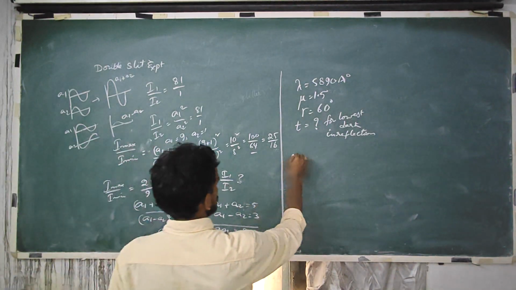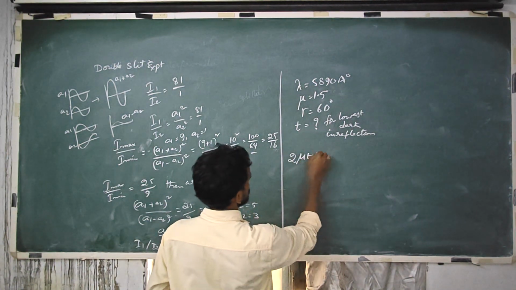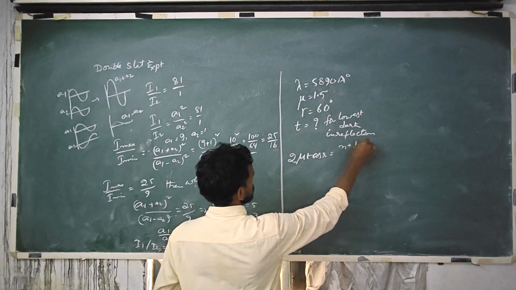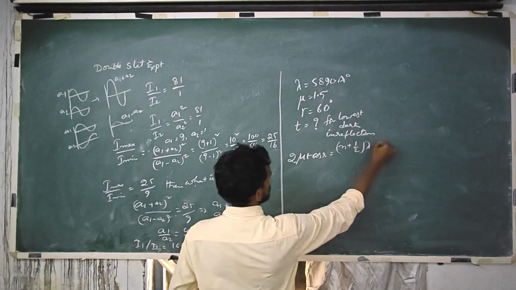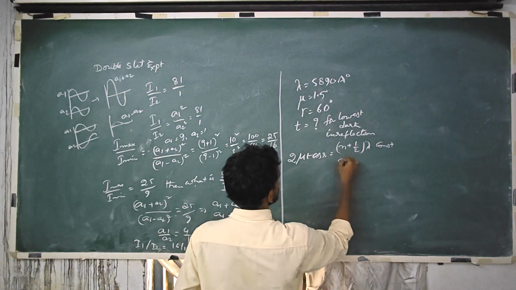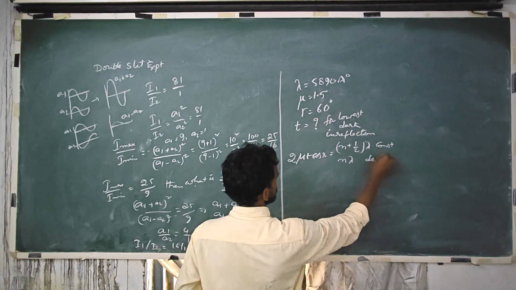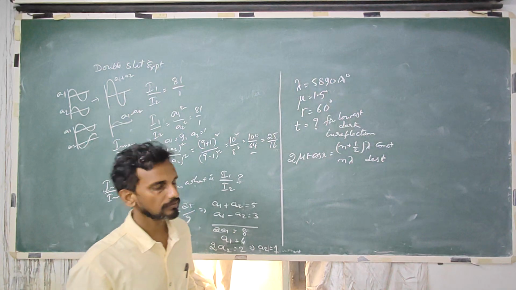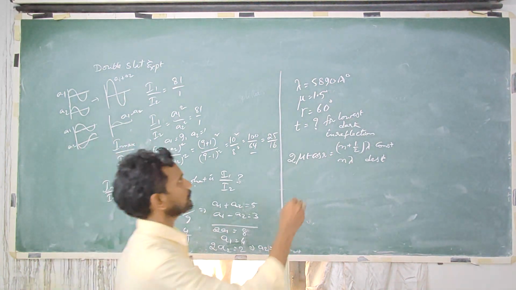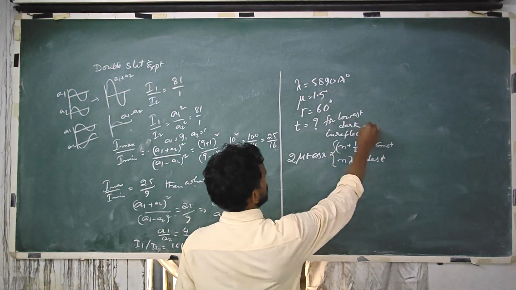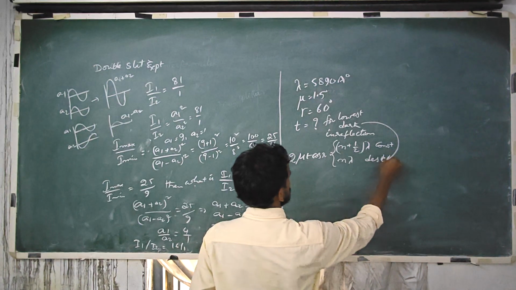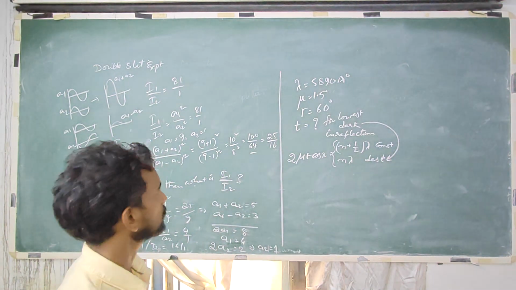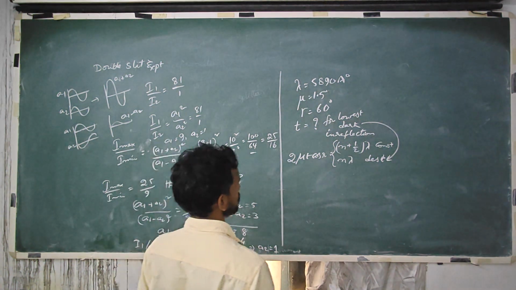Okay, so the equation that we have is 2 mu t cos r is equal to n plus half lambda for constructive, n lambda for destructive. Since it says dark, it is destructive: 2 mu t cos r is equal to n lambda.